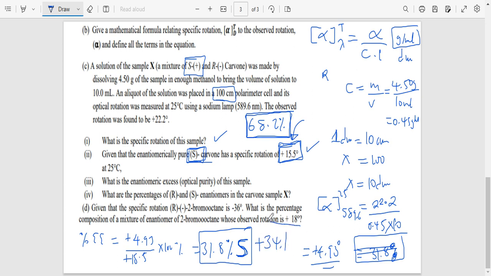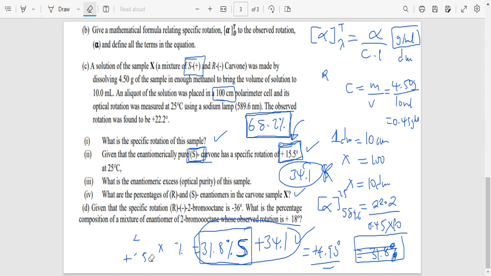Then I'm going to have this mixture as being the S, and then only the other 34.1 being the R. So what is the percentage of R and S enantiomers in the sample? So these are the ones. This is going to be the R, and then this is going to be the S if we add those two values.